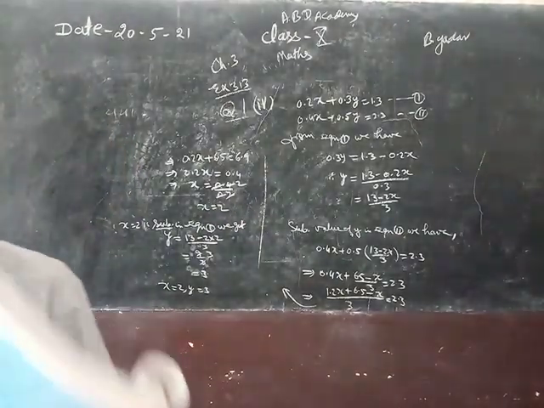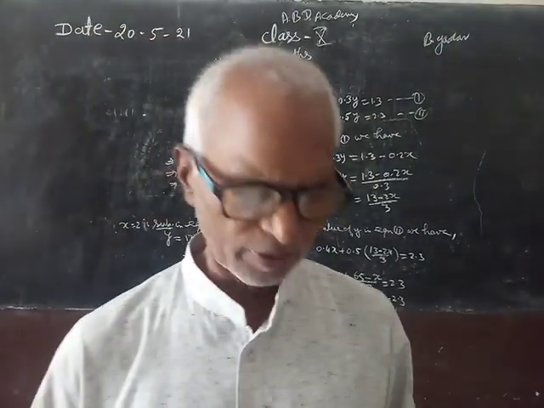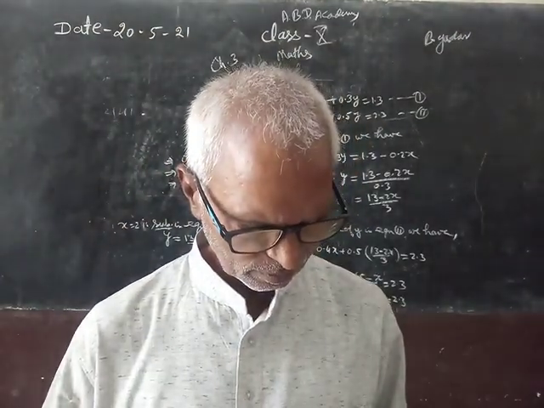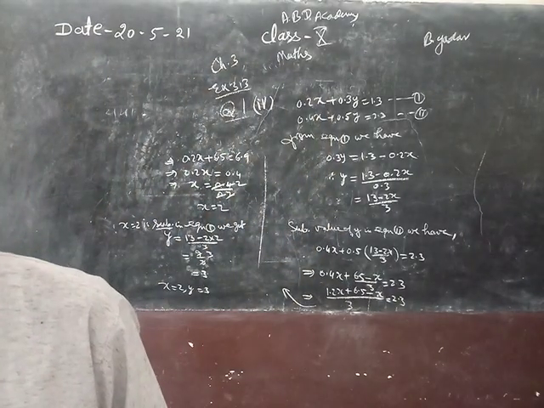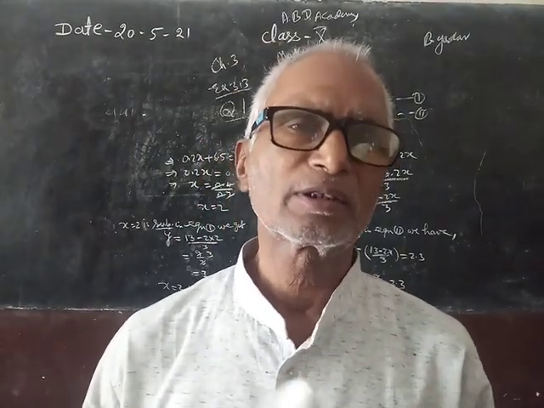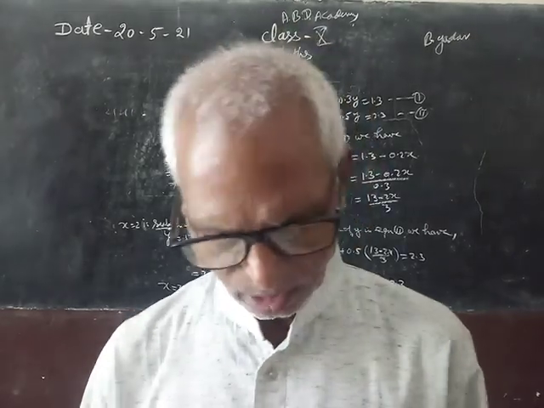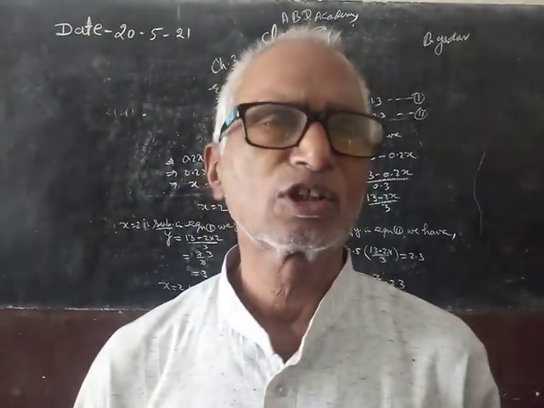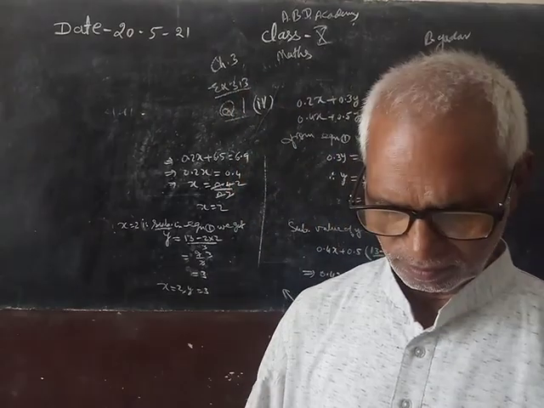It is the fourth part. Similarly, 6 parts are given here. Students, you have to obtain the value of one variable, in most cases y, and substitute in the second. You will get the value of the first variable x.